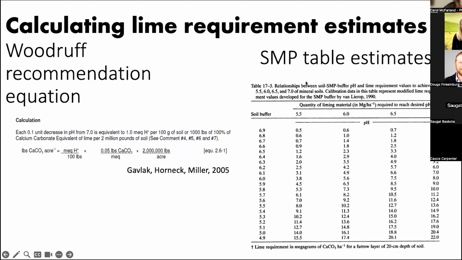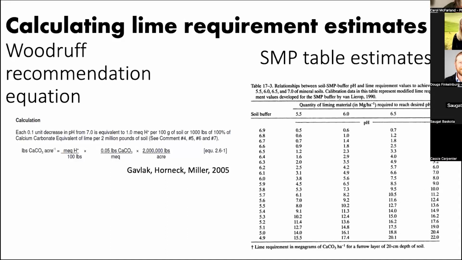So the SMP, I think they try to make it more user friendly. If your soil buffer pH starts at 7 and then you decrease that buffer pH after adding the acidic soil, if your buffer pH goes down to maybe 6 and your target pH is 5.5, then that's 3.8 megagrams per hectare of lime required to reach that target pH of 5.5.